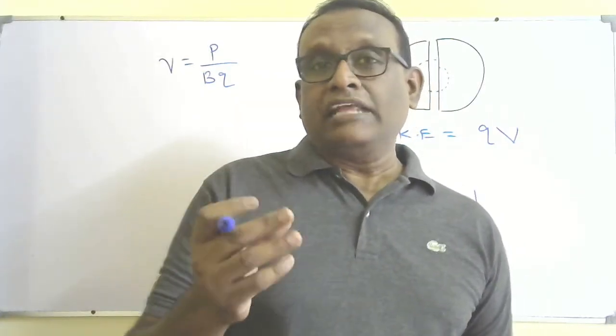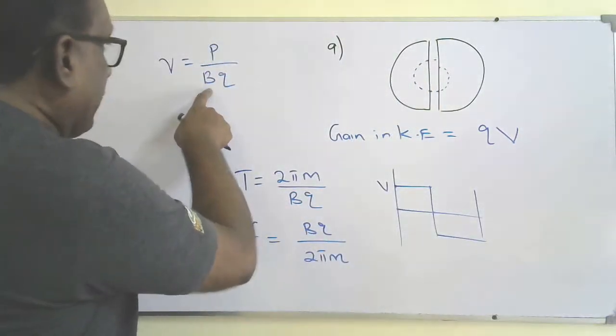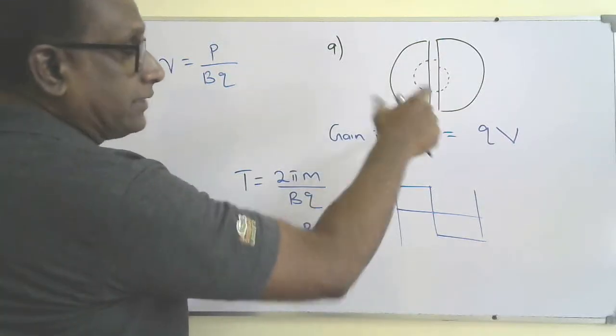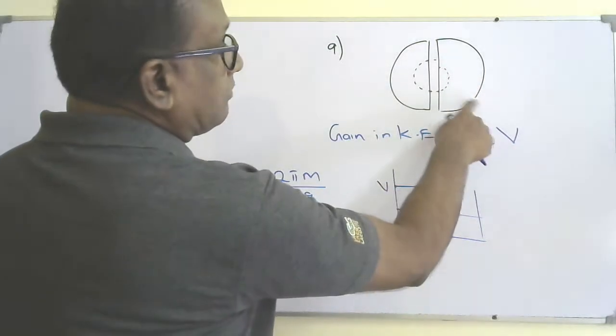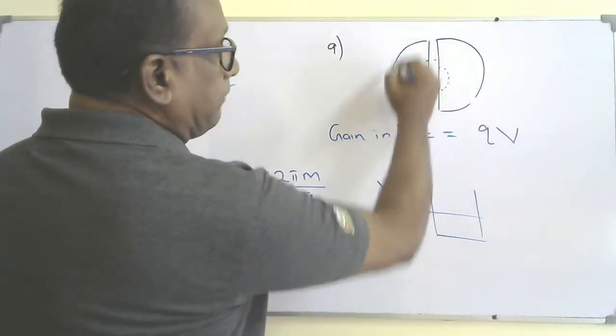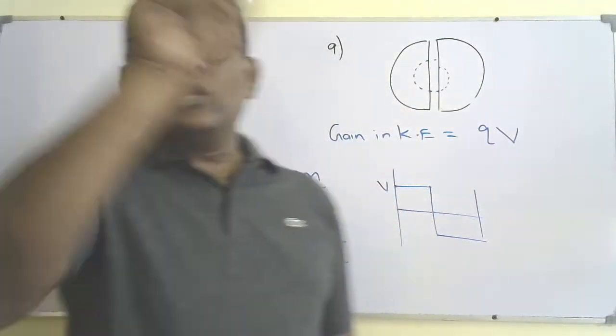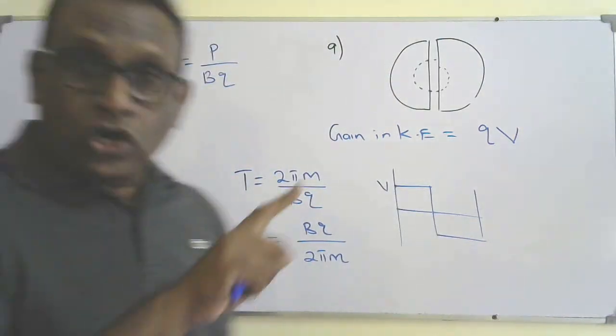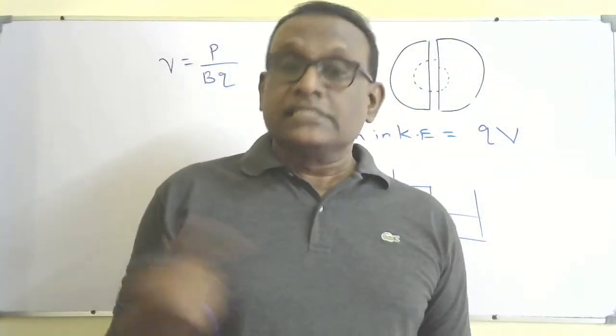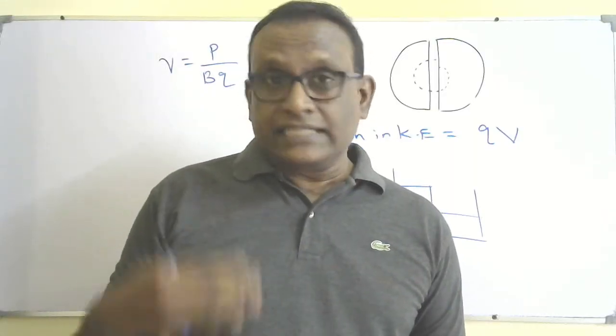Say for example, if you use a lower B, when it completes one orbit, the radius could become larger. So it will leave the cyclotron very quickly when it completes only a few circular paths. But if you increase the B, you can keep it for a longer time inside the cyclotron. That will increase the energy.